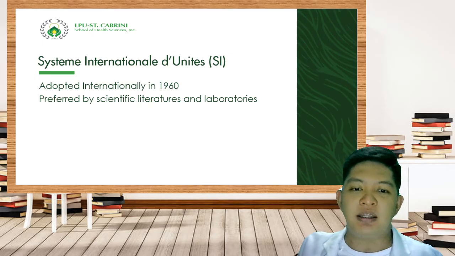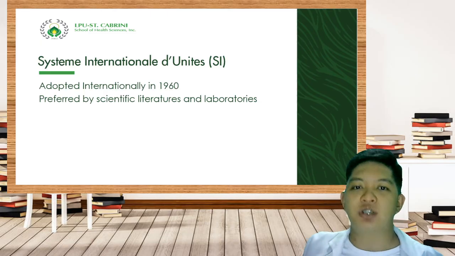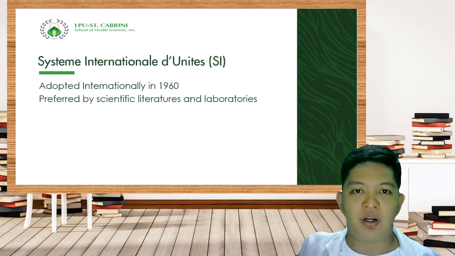But in international units, we use millimole per liter. Somehow different from one another, but actually they have the same quantity. It just so happened that you convert the conventional unit into international unit, which is the most commonly used or the acceptable or preferred units in clinical laboratory.